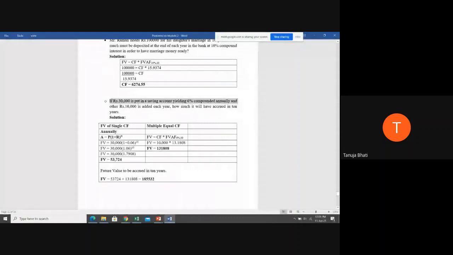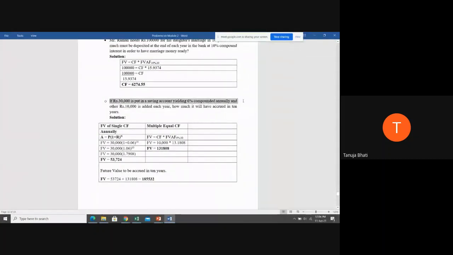Rupees 30,000 is put in a savings account yielding 6% compounded annually, for 10 years. So here the problem is a combination of single cash flow and multiple equal cash flow. Compounded annually means the interest is calculated annually.